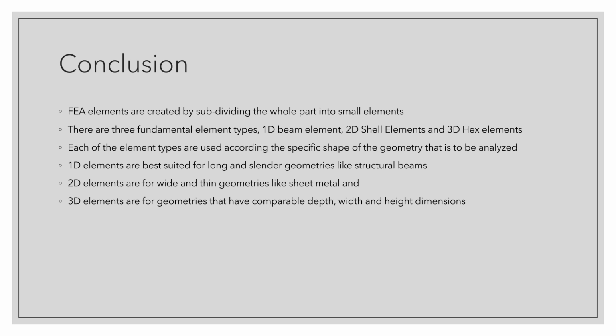Each of the element types is used according to the specific shape of the geometry that is to be analyzed. 1D are best suited for long and slender geometries, 2D elements are for wide and thin geometries, and 3D elements are for geometries that have comparable depth, width, and height dimensions.